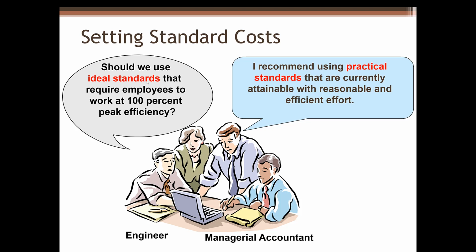Practical standards are tight but attainable through reasonable, highly efficient efforts of the average workers. They allow for normal machine downtime and employee rest periods. In real life, when setting the standard costs, practical standards are more appropriate. In this chapter, we will assume practical rather than ideal standards are in use.